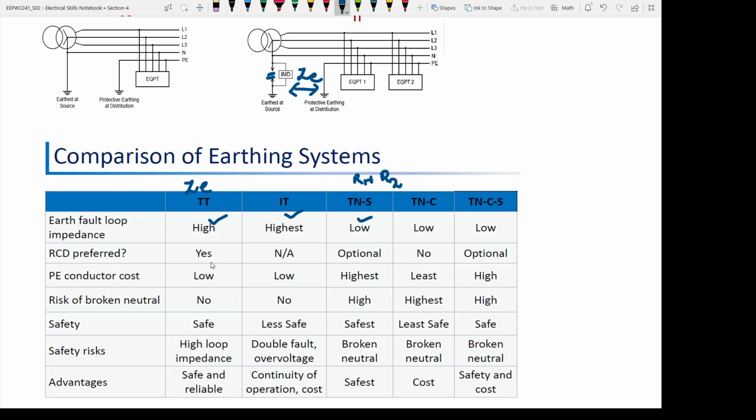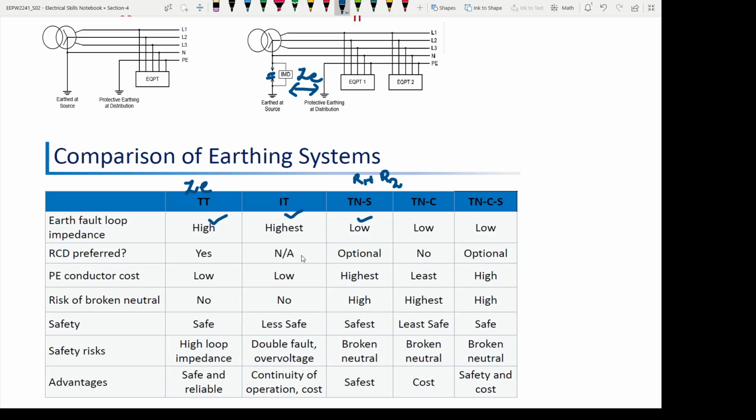So, is RCD preferred for these earthings or not? RCD is very much required for TT. Without RCD, this particular earthing configuration is not going to work, and it is not going to give any protection. So, we must have an RCD for human protection here, and for TNS and TNCS, it is optional.